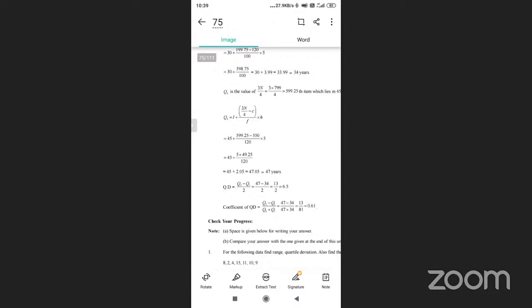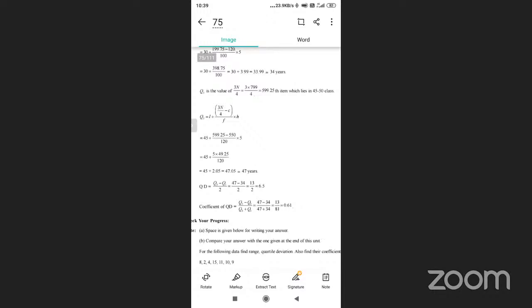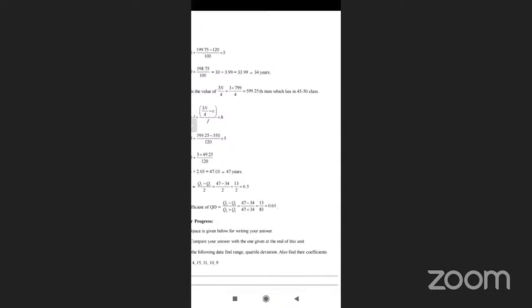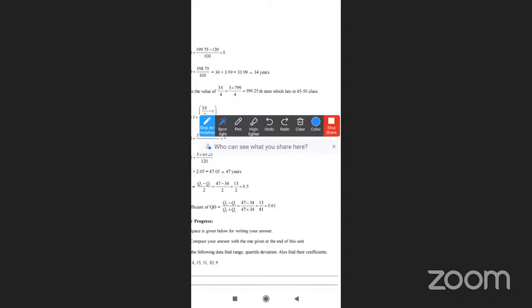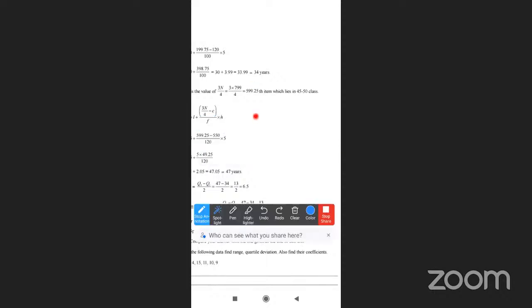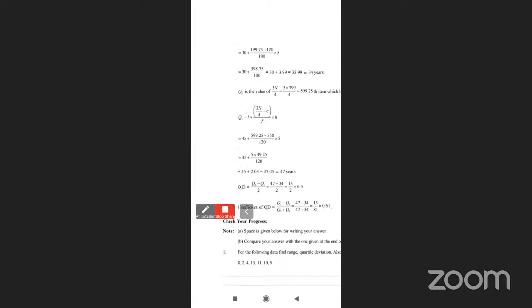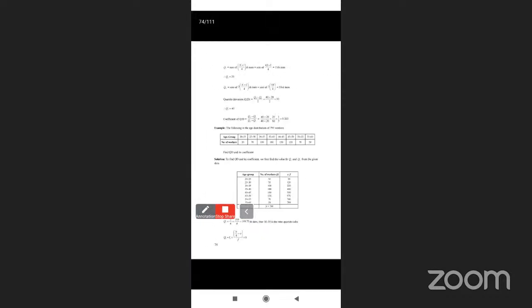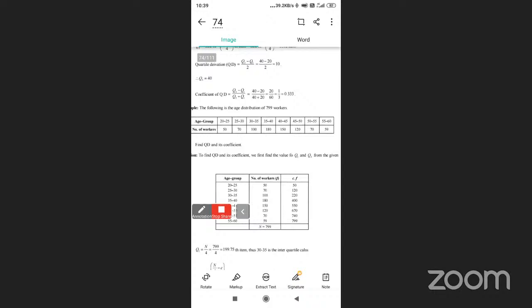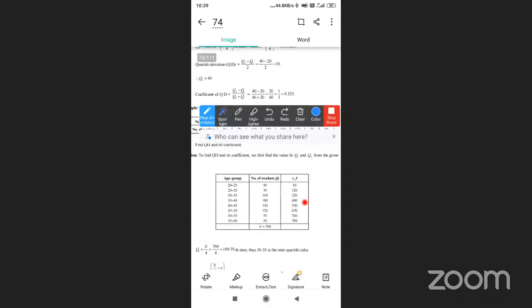Now you can see Q3. Q3 is the value of 3 into N by 4th item. So 3 into 799 by 4, that is 599.25 item, which lies in between 550 and 670.